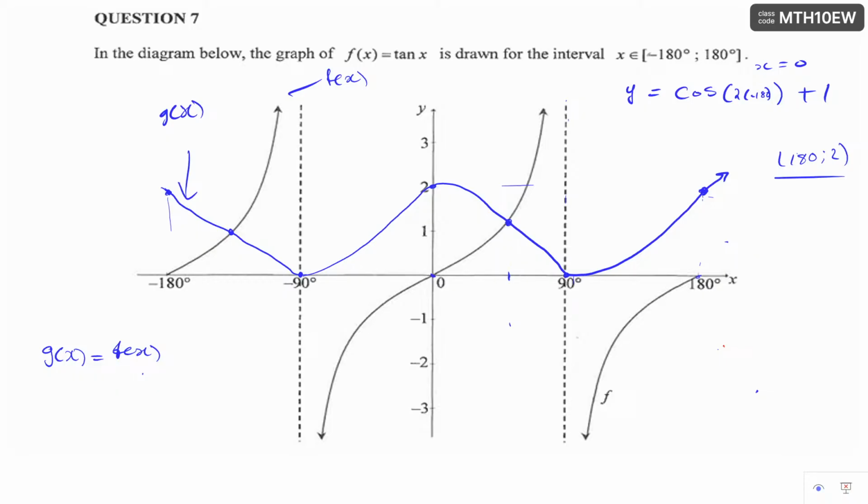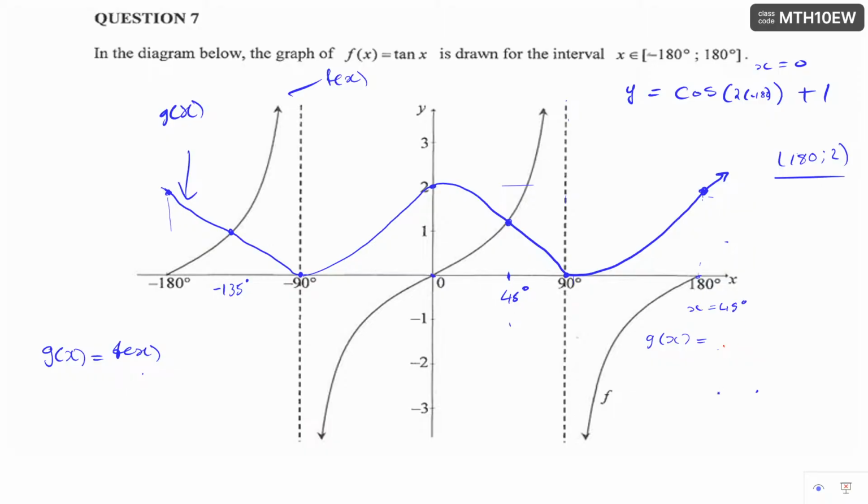So, okay, the way I'm going to search for this value, I'm going to start by writing 45 degrees here. And also, yes, I'm going to write 45 degrees here. Here, let me write negative 135 degrees. So I'm going to firstly use g of x where x is equal to 45 degrees.